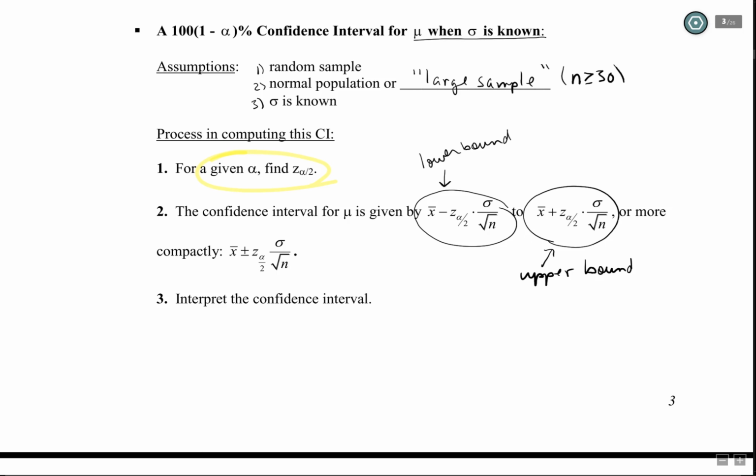When you look at the structure of this formula, x bar is the point estimator for mu. Z is a percentile from the standard normal distribution. And sigma over root n, if you recall, is the standard deviation of my point estimator, sometimes called the standard error of the point estimator.